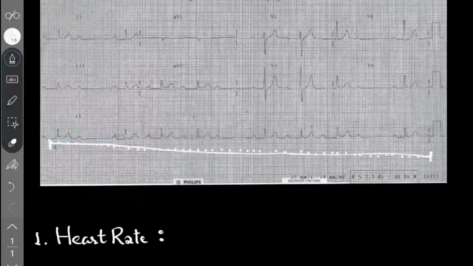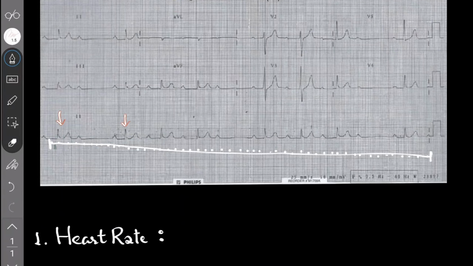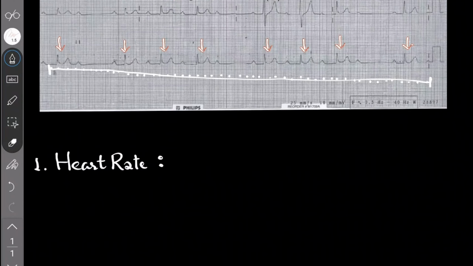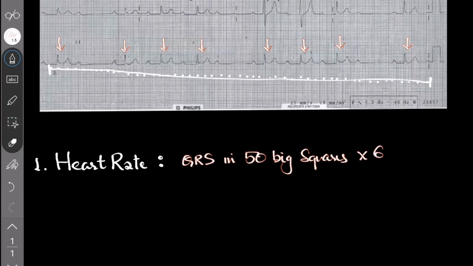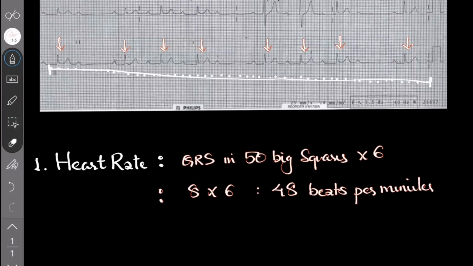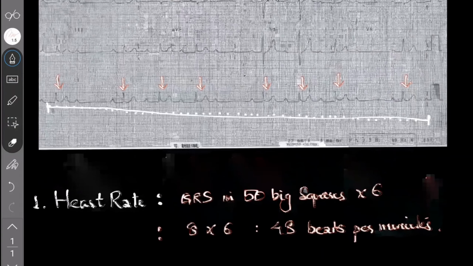In 50 big squares, there are 1, 2, 3, 4, 5, 6, 7, 8 QRS complexes or beats. So 8 into 6, that is 48 beats per minute. It's clearly a bradycardia.